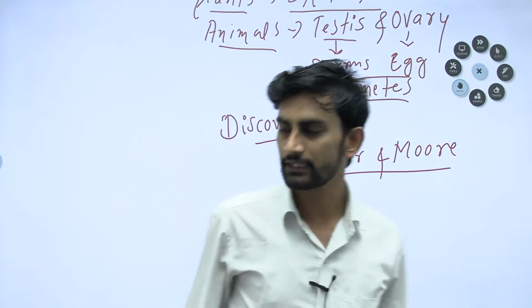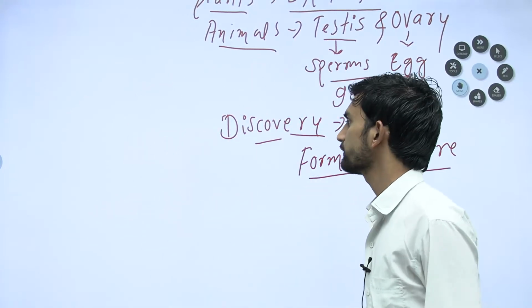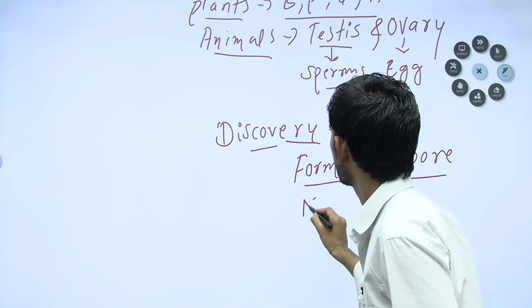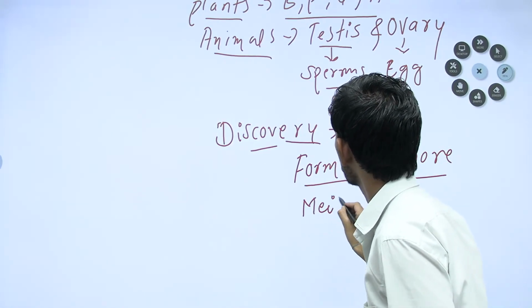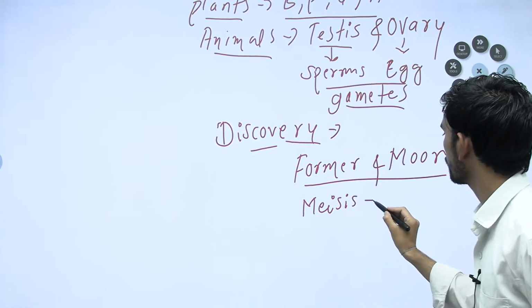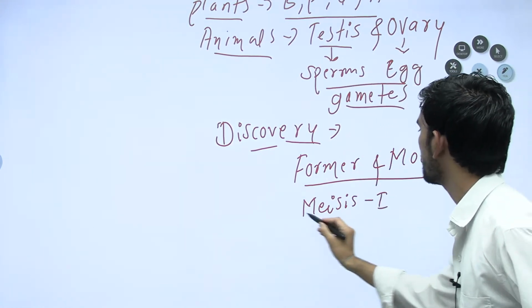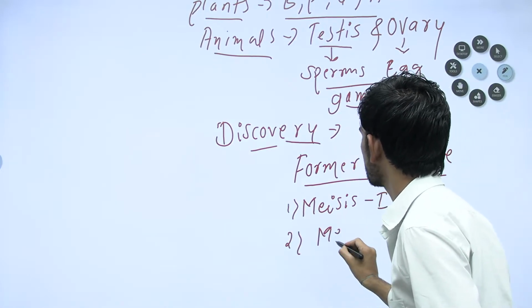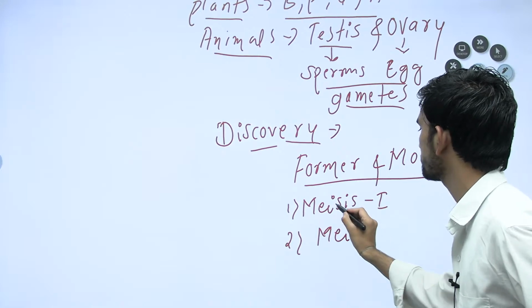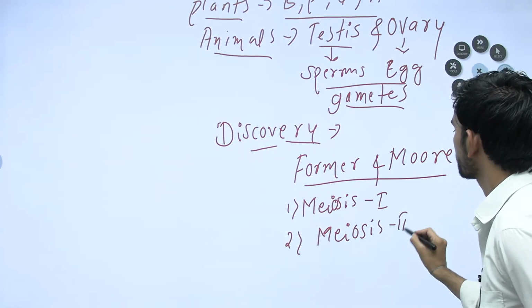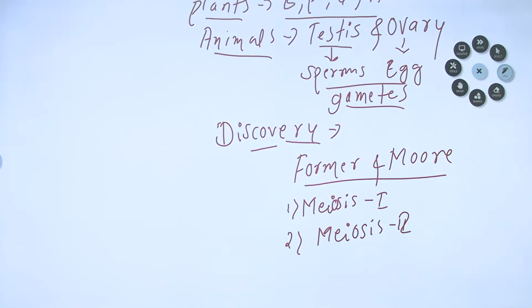Directly we'll start with the meiotic cell division. Meiosis involves two processes, two divisions: meiosis 1 and meiosis 2. Write it down. First we'll start with meiosis 1.